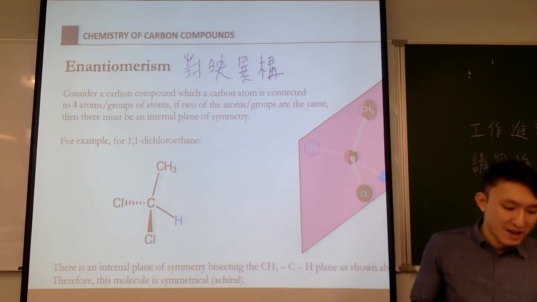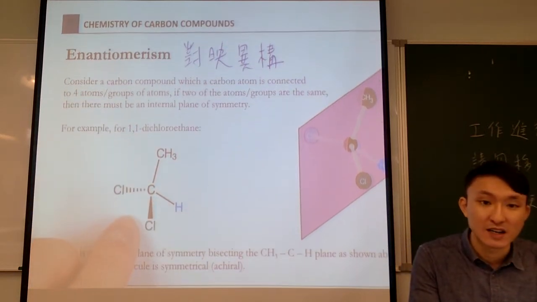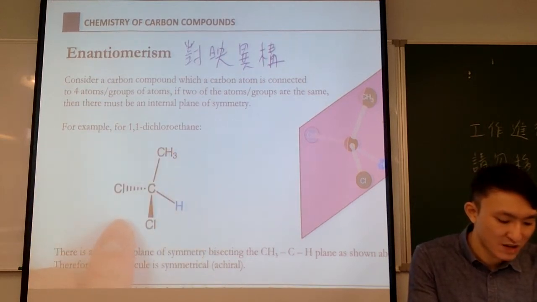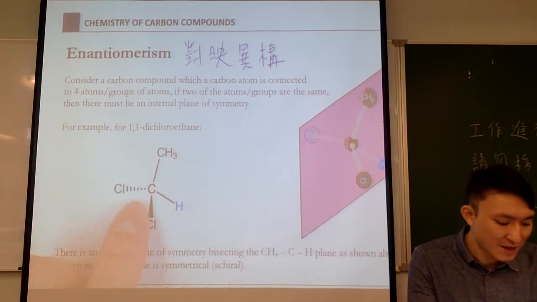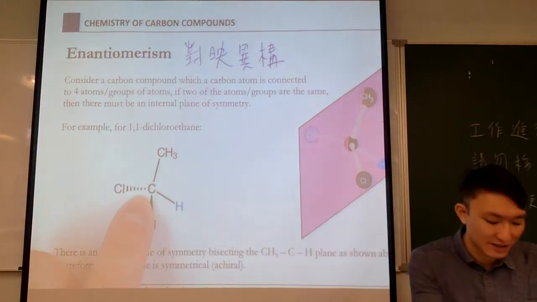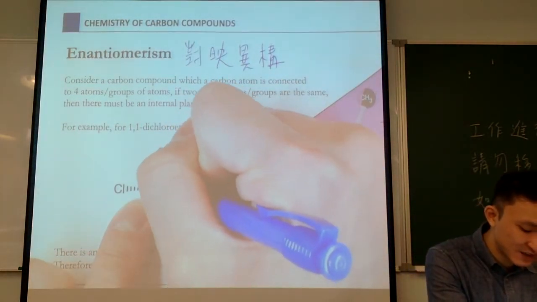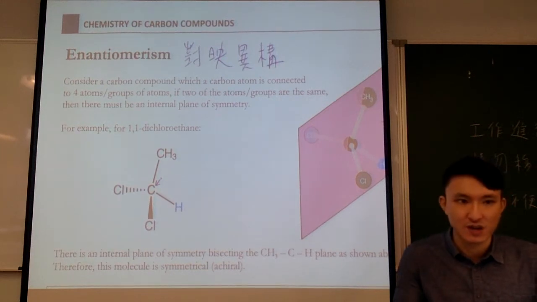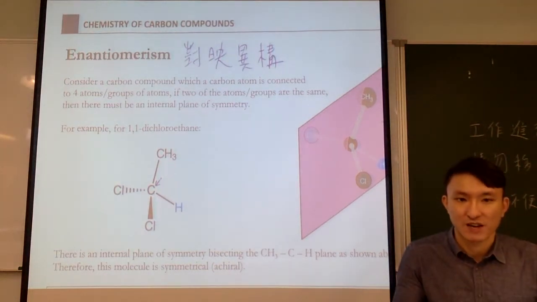Okay? Now, here, let's just say we have a simple organic compound, 1,1-dichloroethane. Okay? So if you look at this particular carbon, this carbon should adopt a tetrahedral structure, okay?